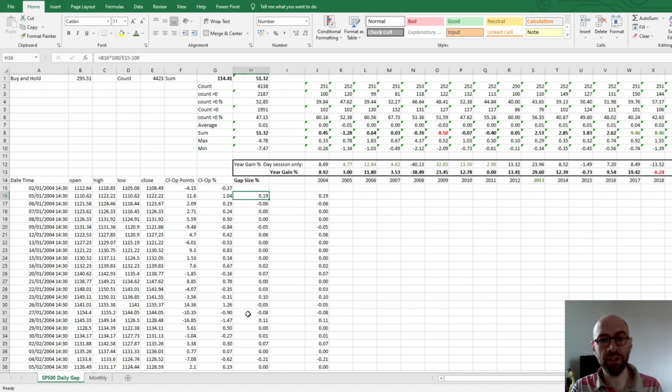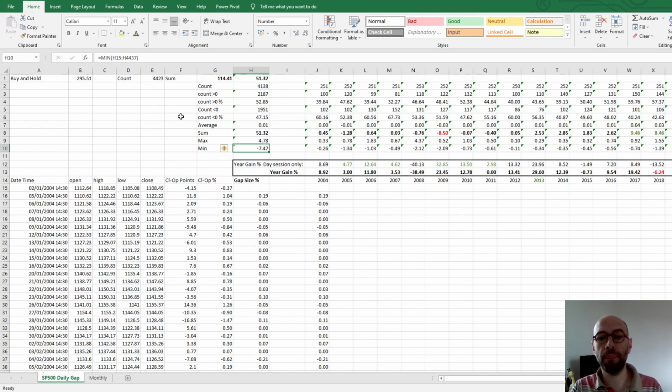And then I did our usual basic statistics. I've counted how many entries we have, how many of those were gains in a percentage view, and the same for losses, and then an average, a sum of the entirety, and a maximum and minimum. And I've done a few controls here, just to make sure I had not made any errors in our data.